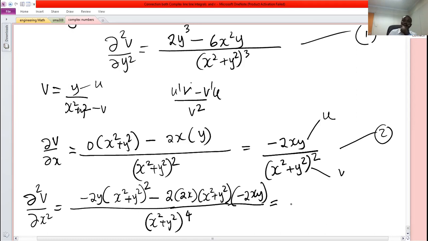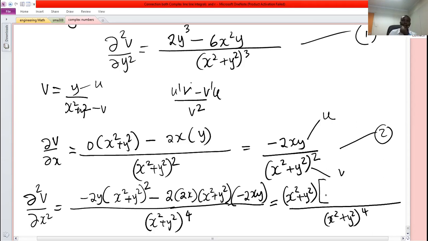This equals, now x squared plus y squared is common to this part and this part, so I factor it out, x squared plus y squared, and the denominator is x squared plus y squared power 4.